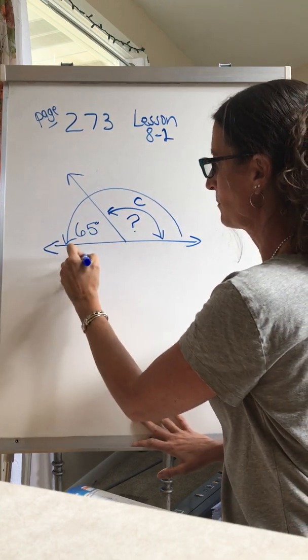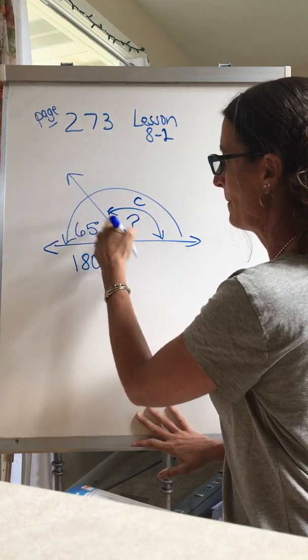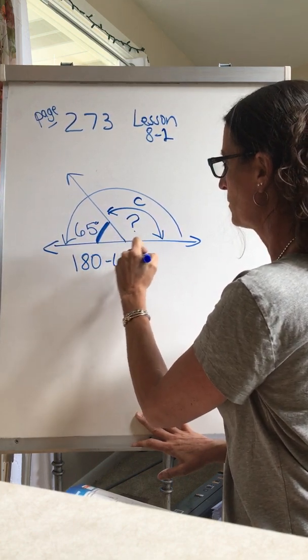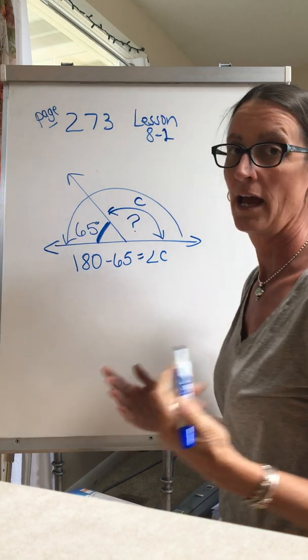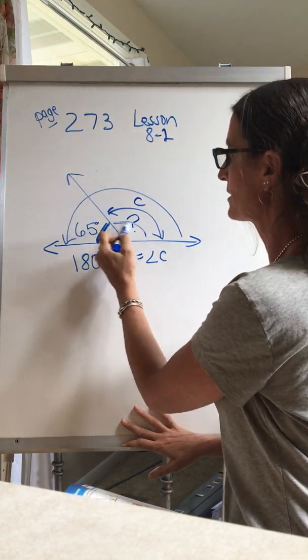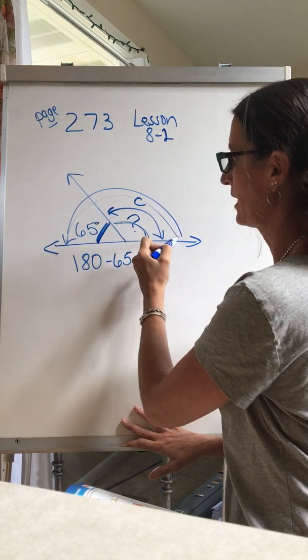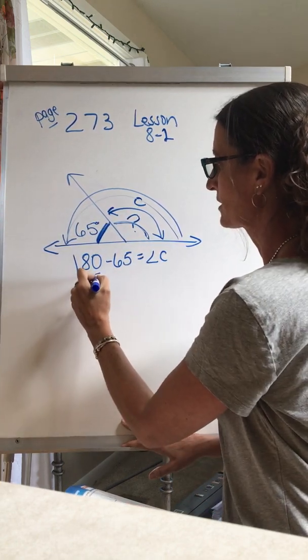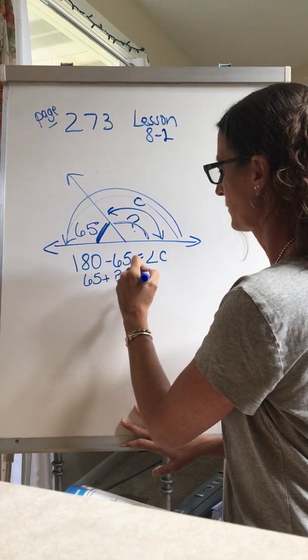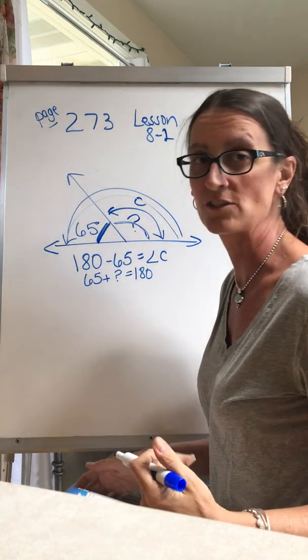So our equation would be 180 minus 65 equals angle C. Another way we could do it is 65 plus what equals 180. Okay, and that would be the equation to solve that. I'm going to make you do that.